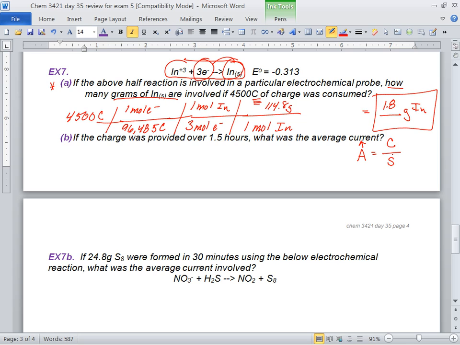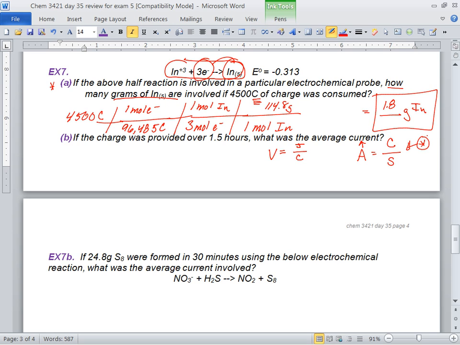Another one would be volts. A volt is an electrical potential energy per unit charge, or joule per coulomb. It's not as useful as the amp one, which I think is more useful.